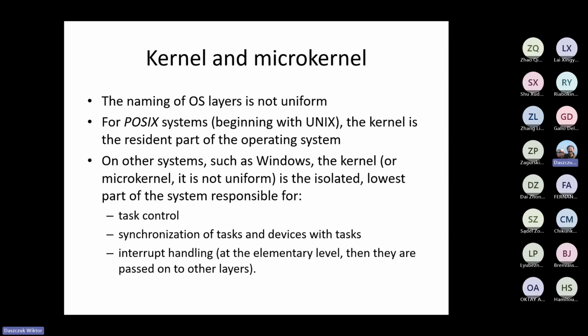They gave the name Unix kernel to the system. So it was ambiguous if we talk about the smallest part of the operating system or the entire operating system. So a new term, microkernel, was established. But I will use the same name, kernel, in both meanings, the smallest part of the operating system.